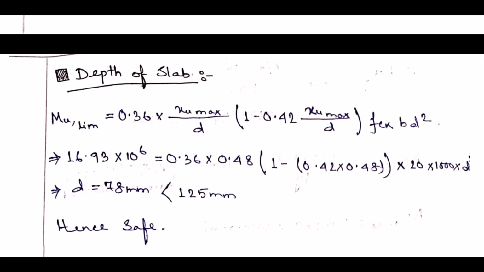So we have our value for ultimate moment, that is 16.93 into 10 to the power 6 equals to 0.36 into xu max by d.